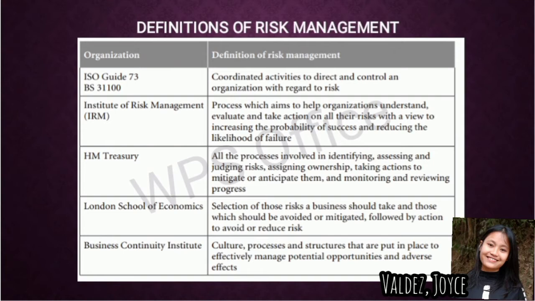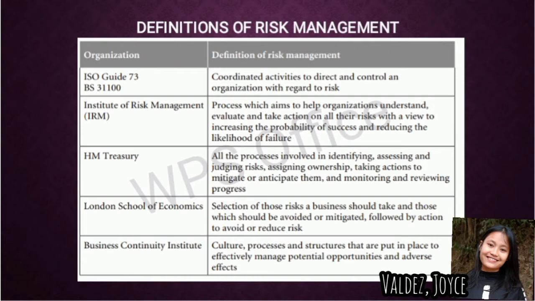These are the definitions of risk management. According to ISO Guide 73, coordinated activities to direct and control an organization with regard to risk. The second one is from the Institute of Risk Management, a process which aims to help organizations understand, evaluate, and take action on all their risks with a view to increasing the probability of success and reducing the likelihood of failure.